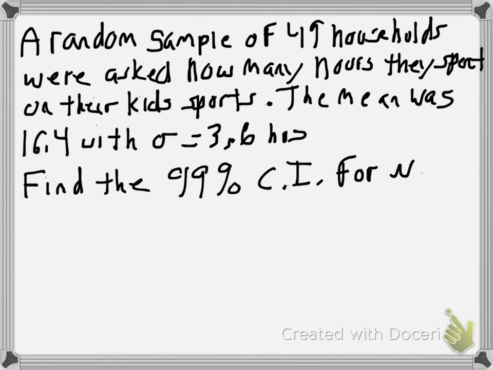Okay. So here we are. A random sample of 49 households were asked how many hours they spent on their kids' sports. The mean was 16.4 with a sigma of 3.6 hours. Find the 99% confidence interval for mu. All right. So again, the best thing to do is start with a picture.